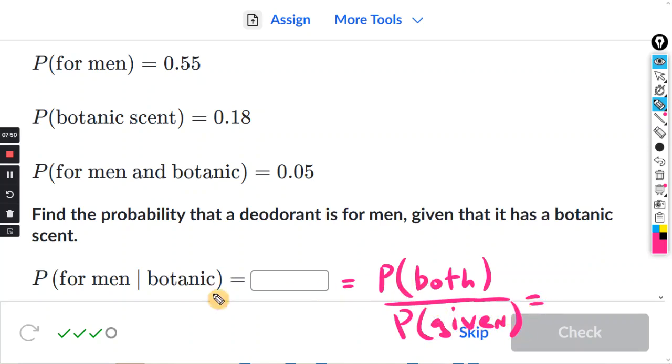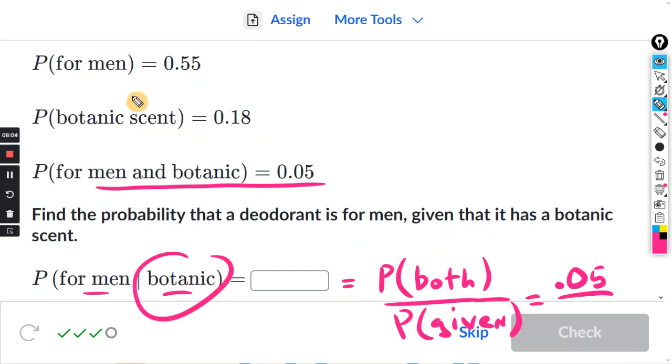What's the probability of both men and botanic? That's right here, 0.05. And the probability of the given, this is given that it has a botanic scent. Given botanic, probability of that is 0.18.